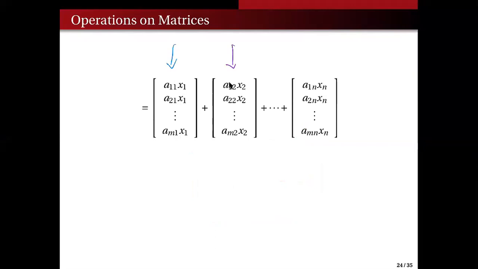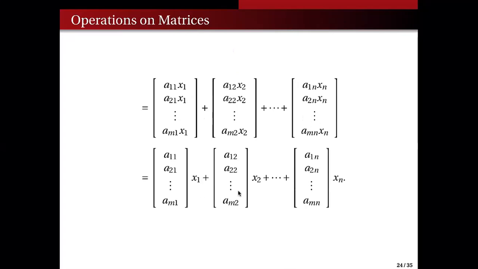Also x2: you have x2 on every entry, so you can bring it out. That will be true for each column vector in this sum, and therefore you will end up with this.